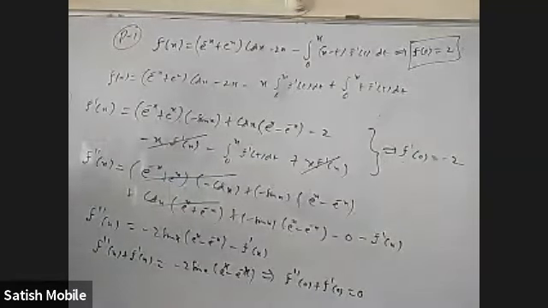And f'(0) is -2 means f''(0) is plus 2 if it is also required. So we got a relation here which we have to integrate. That will give you the first question, and integrate once again, you will get the third question. But in the meantime, second question we got the answer is 0.